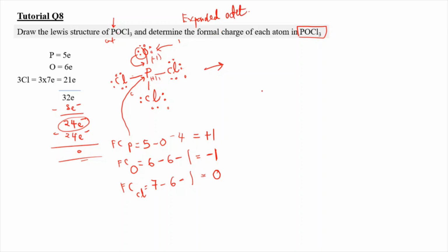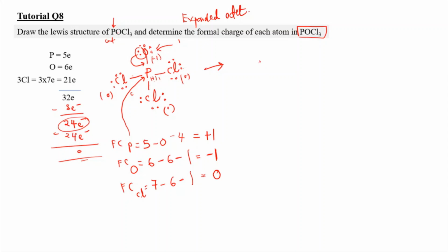You can take any lone pair from the oxygen in order to make the double bond. We don't touch the lone pair here because this structure is already stable. The formal charge is 0, 0, and 0. But this one is negative 1 and plus 1. So we need to try to reduce the formal charge here.